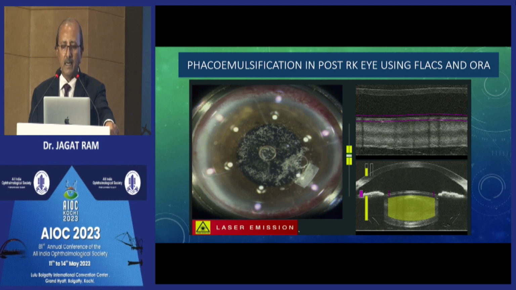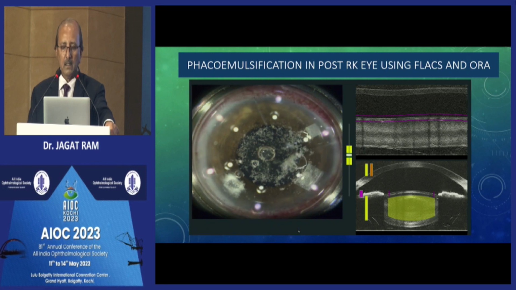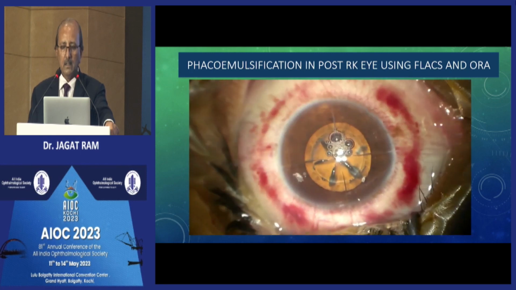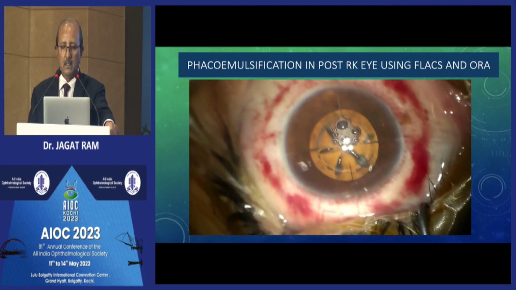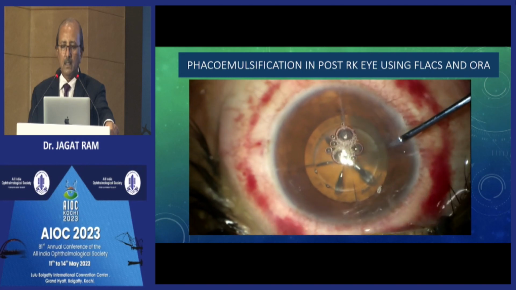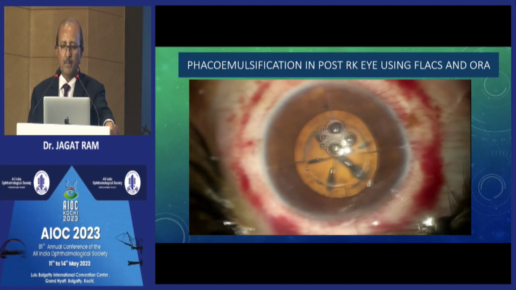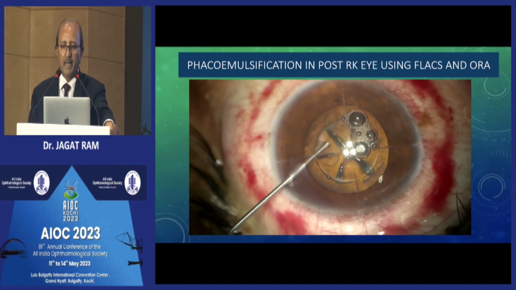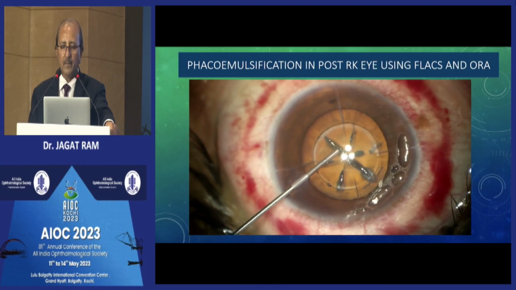Main incision and side port incisions are placed depending upon where there is more space or where it is required. And then performing phacoemulsification in the eye.